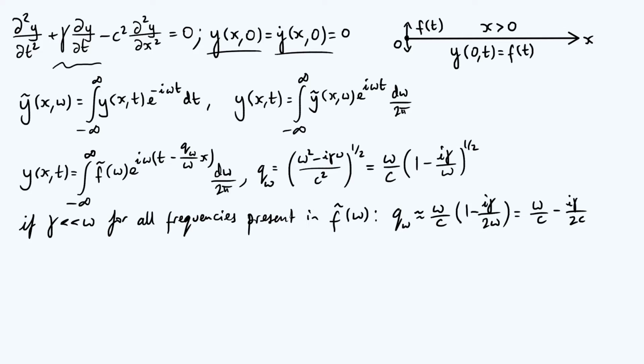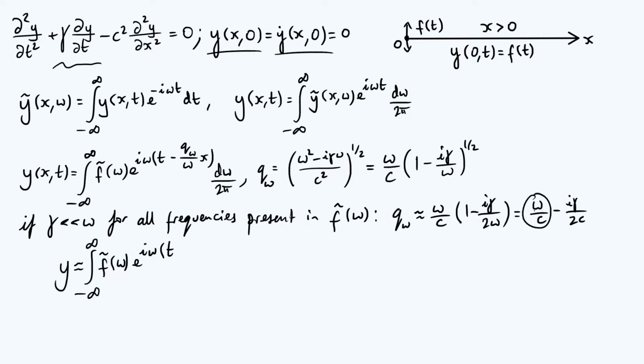So if we substitute that approximate q omega back into our integral, into that complex exponent, then we're going to arrive at the approximation that y is roughly equal to, so again, the integral over all values of f tilde of omega, e to the i omega, so t stays as it is.